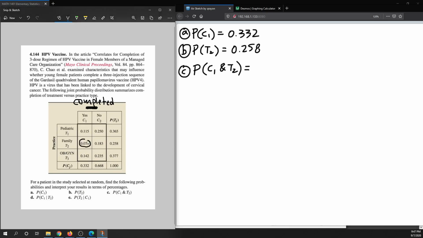So it would be right in here, and this would give us the probability, 0.075. All right, and so what that says is that about 7.5% of the patients in this study completed their treatment in a family practice.